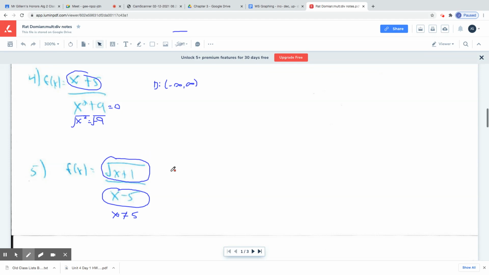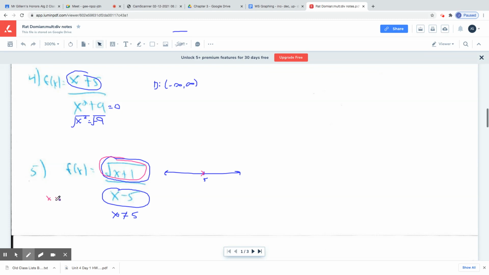All right. So if I have a number line, I know that x cannot be equal to 5, right? It can be equal to everything else. However, if I set the top equal to 0, and the only reason I'm setting the top equal to 0 is because of a radical, I cannot have a negative number.